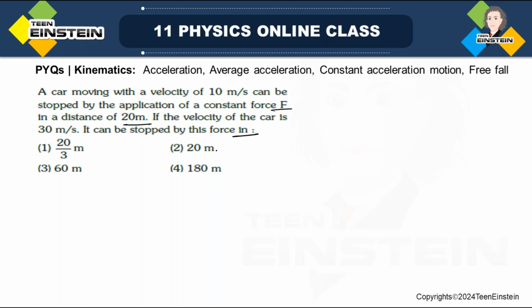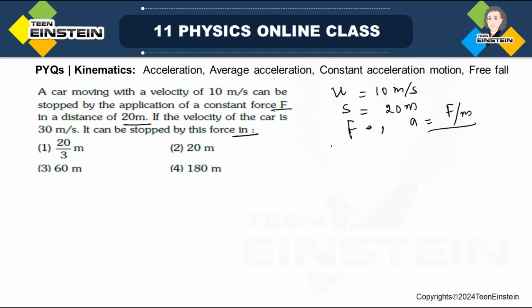So we know in this case, initially one piece of information is given like this. Suppose u is 10 meter per second, and the distance is 20 meter, within which it can be stopped by the application of force F. So I can find out acceleration from here. So a will be F by m, m being the mass of the particle if I require.